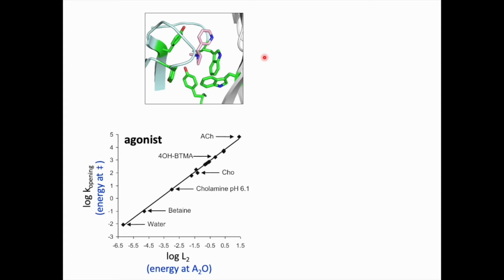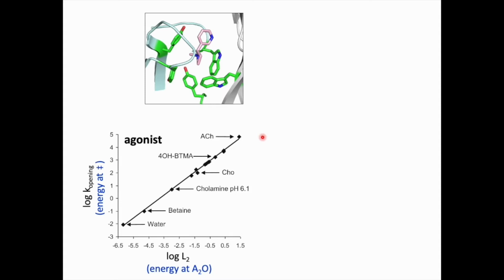And when you make a mutation, you lose that stability, and therefore you increase the unliganded gating equilibrium constant. It's not 100%, but that's generally true. But that's not true of agonists. The wild-type agonist is acetylcholine, and that has the largest stabilization we've measured so far of O relative to C.